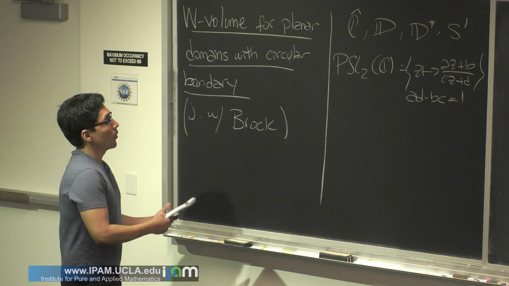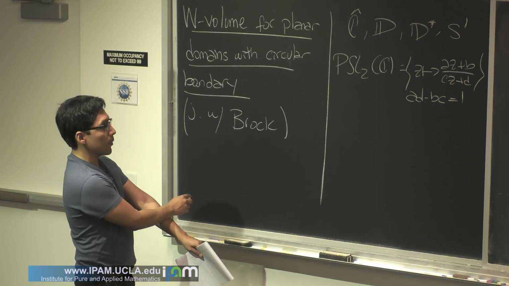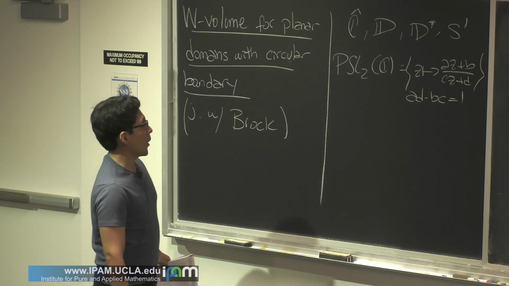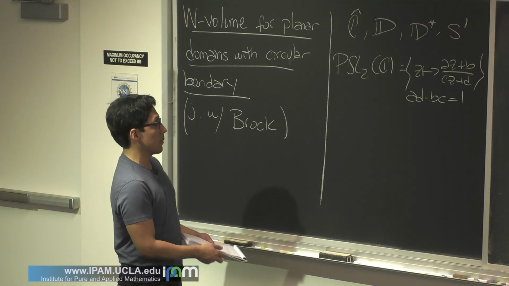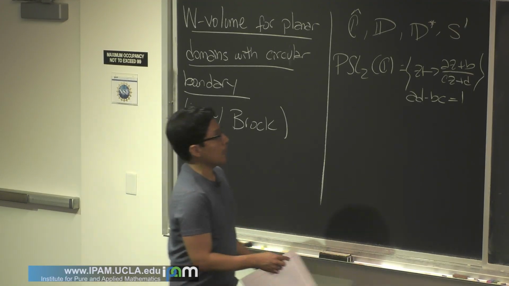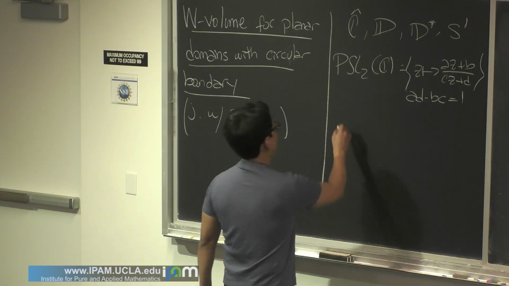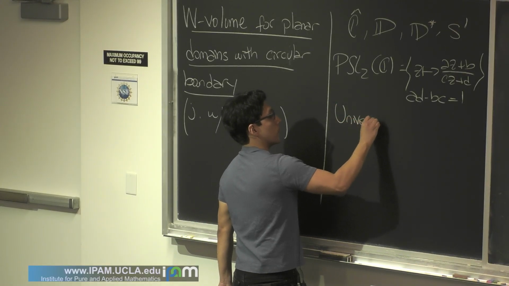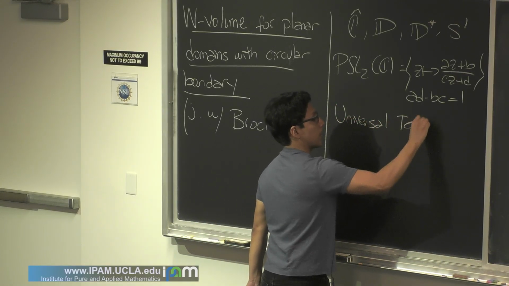Okay. So in the previous talks this morning, we already saw the introduction of a Teichmüller space, but I want to introduce a bigger space known as the universal Teichmüller space.